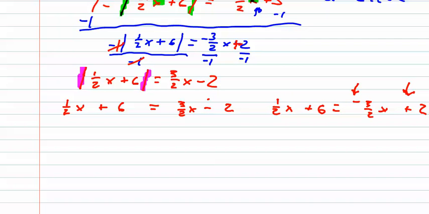All right. Now, if we look at this, we see we have a fraction. So just like last unit, we are going to multiply everything by 2. I left myself plenty of room when I wrote this, because I knew I was going to multiply by 2.